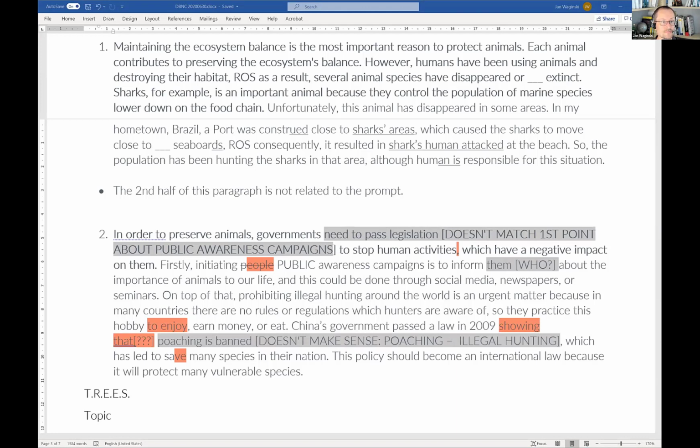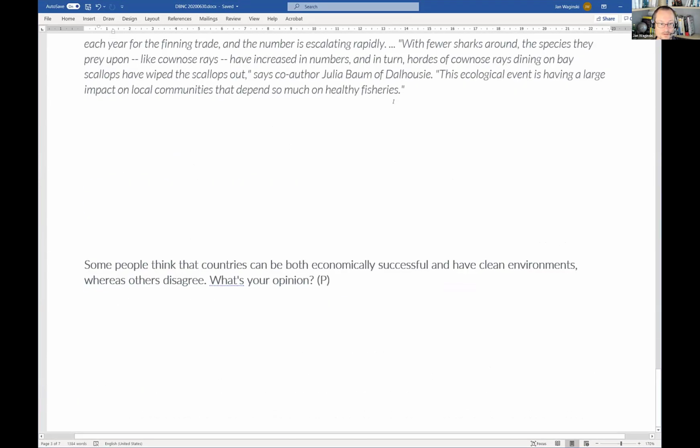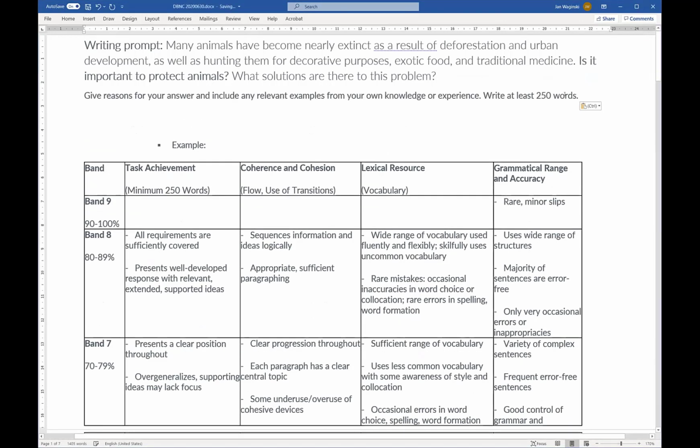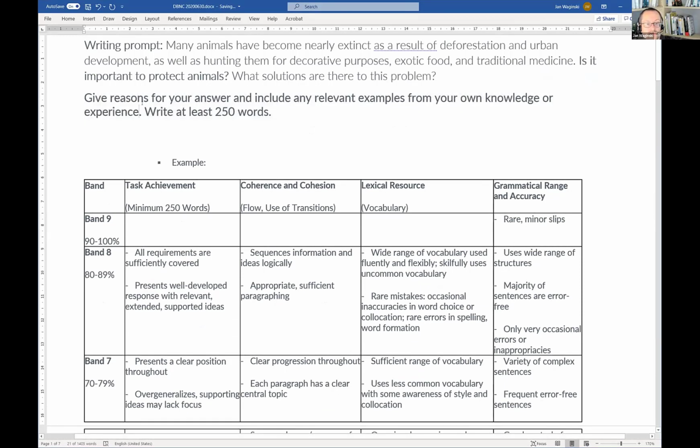That's an excellent question. What he's talking about is the fact that the prompt, let me go find another prompt here. The prompt always says, give reasons for your answer and include any relevant examples from your own knowledge or experience.